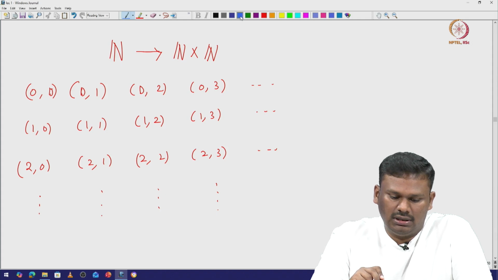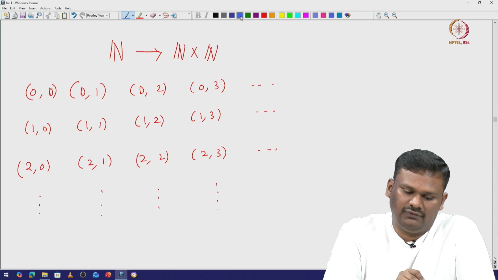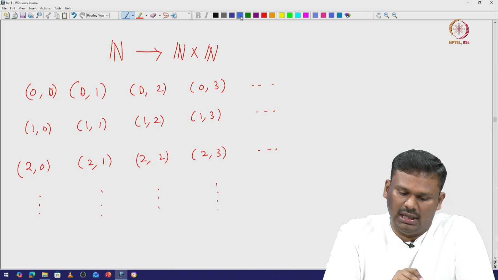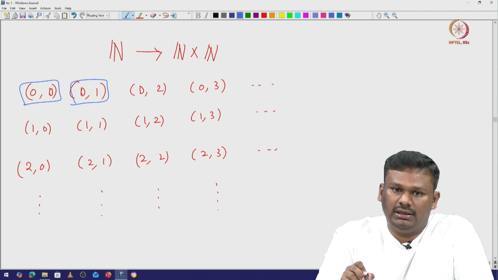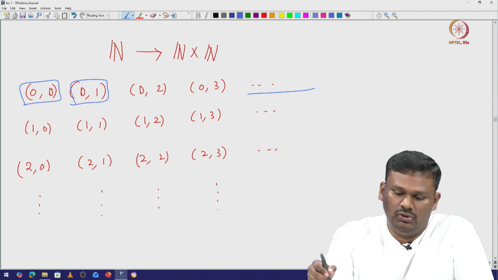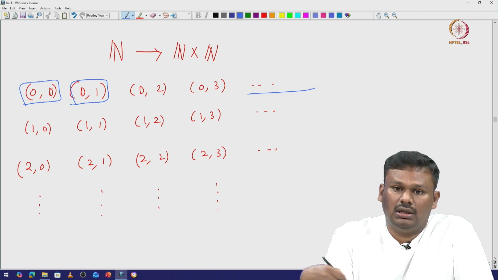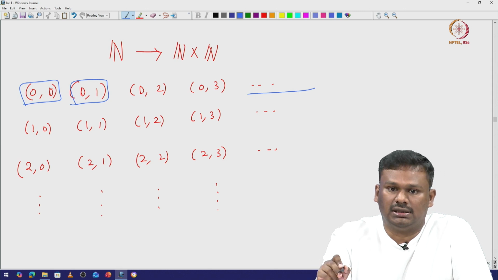If I start counting horizontally, so that 0 is mapped here and then 1 is mapped here and so on, then the problem is that this never ends. So, I do not know whether I will be able to count all the numbers, or map all the elements in N cross N.